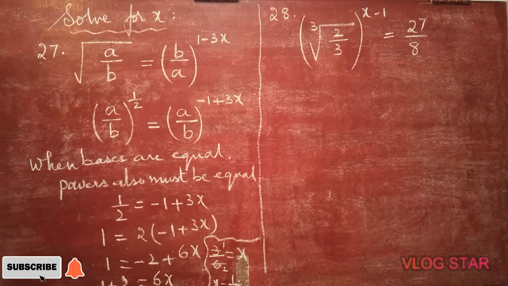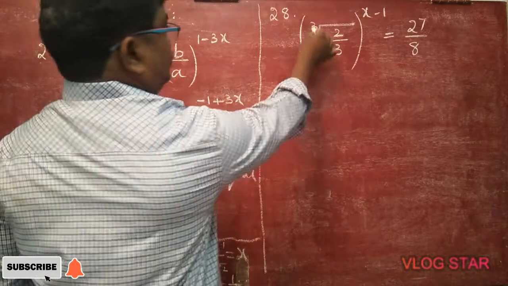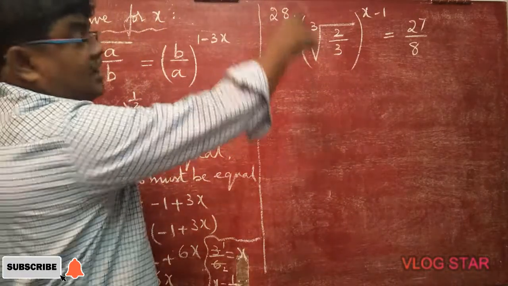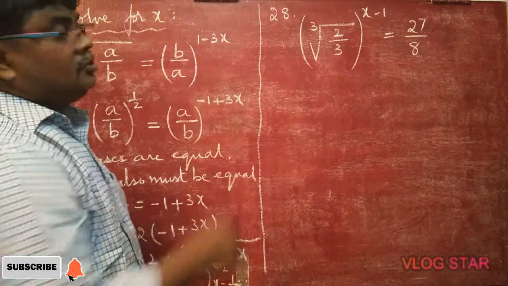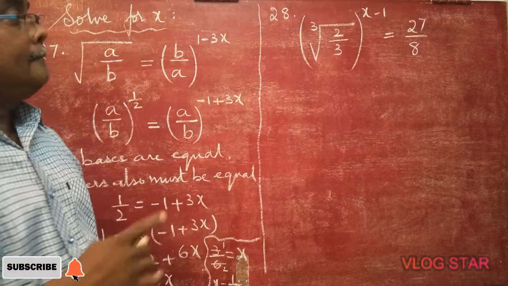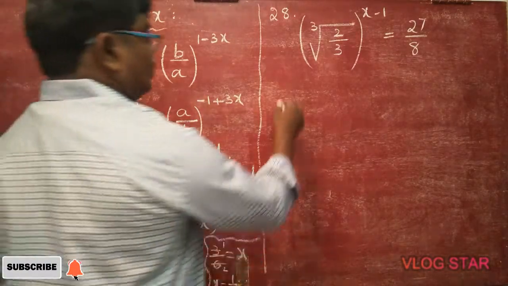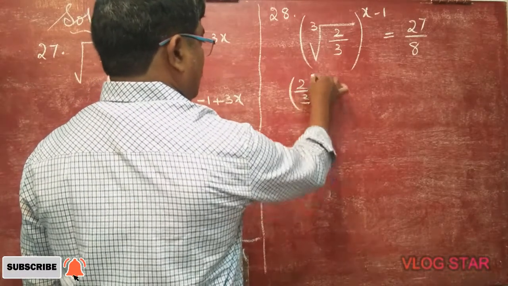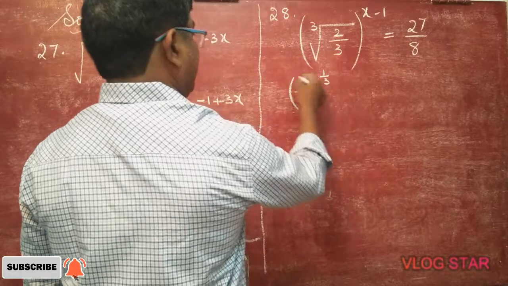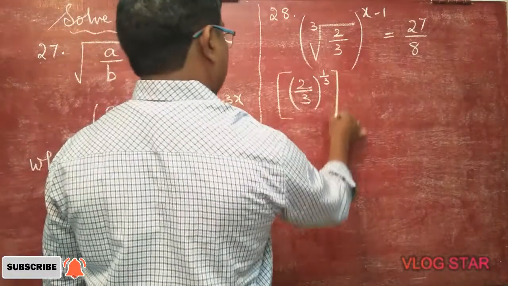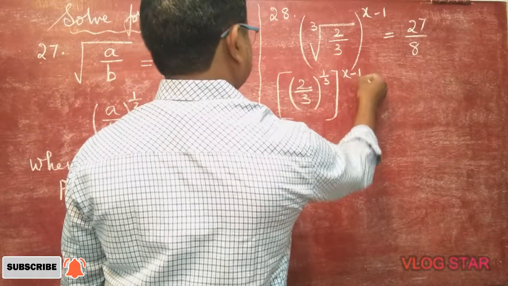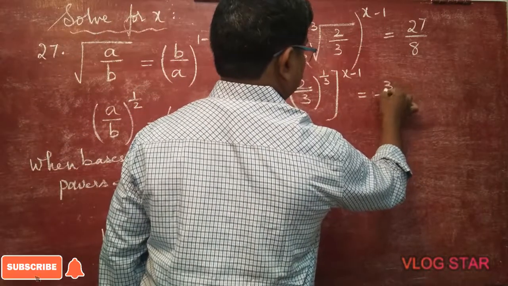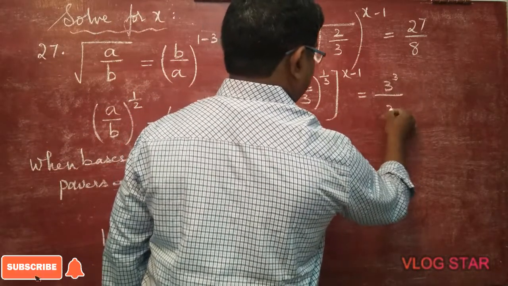Coming to the next, 28th problem. Cube root of 2 by 3 whole to the power of x minus 1 is equal to 27 by 8. So another form of cube root is 2 by 3 whole to the power of 1 by 3, again whole to the power of x minus 1, is equal to 27, which we can write as 3 cube, and 8 we can write as 2 cube.